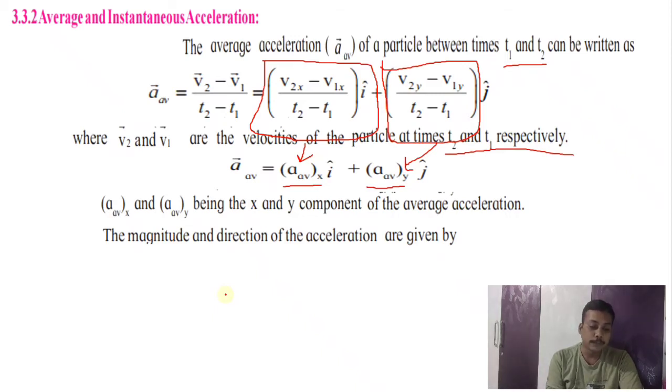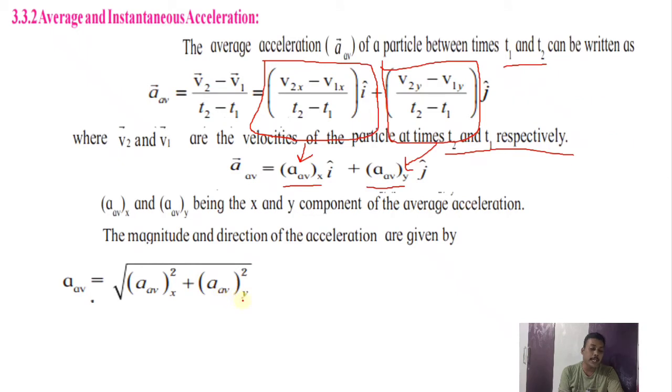So here we write a average along x-axis into i cap plus a average along y-axis into j cap, where a average x and a average y are the xy components of the average acceleration. This is the vector form of acceleration.